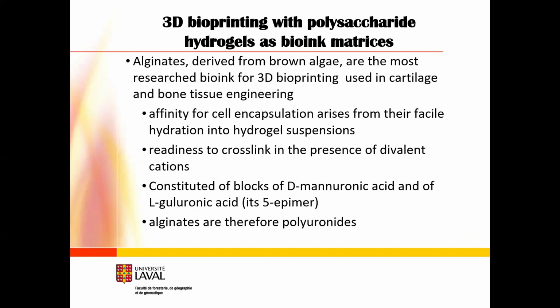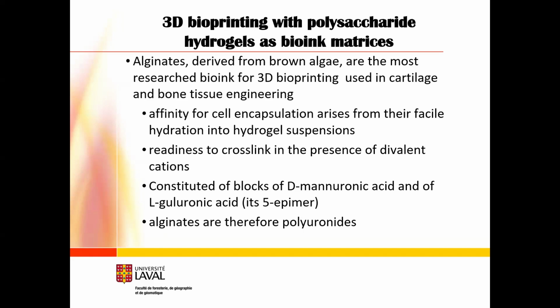So with polysaccharides, I've noticed that a lot of 3D printing call for matrices made of hydrogels, and one of the hydrogels that is very often called for are alginates, which are constituted from D-mannuronic acid and its 5-epimer.